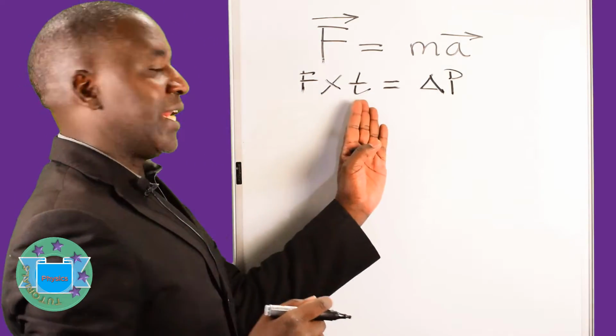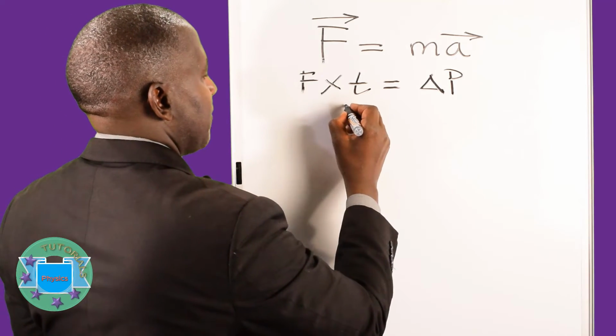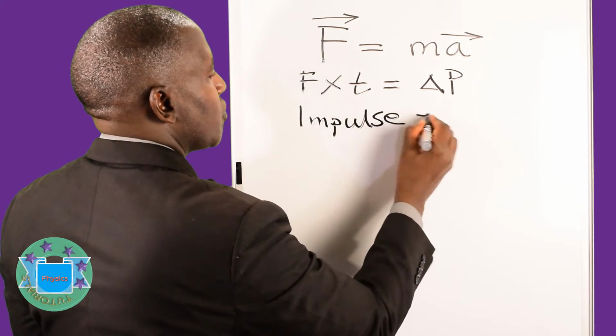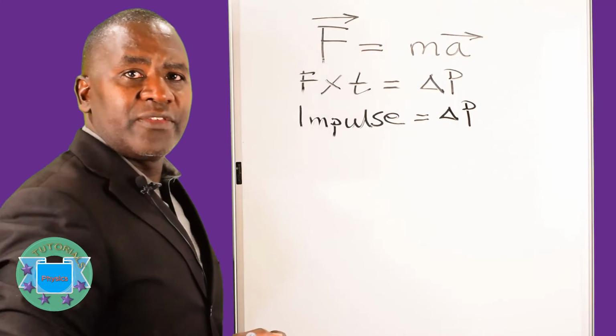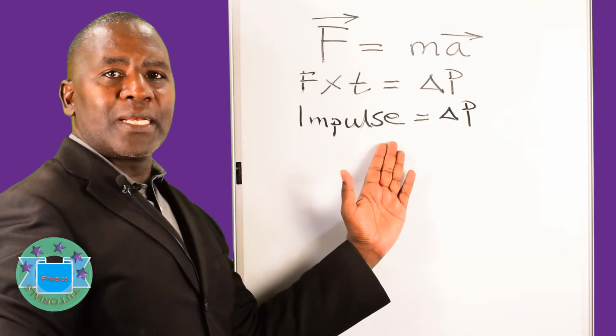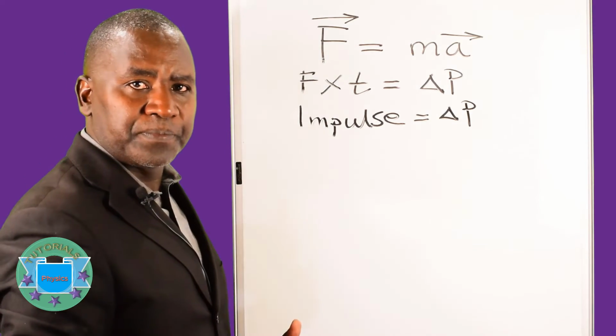What I have on the left hand side, the product of the force and the time, is referred to as impulse. Of course, what I have on the right hand side is change in momentum. This is referred to as the momentum impulse relationship or principle.